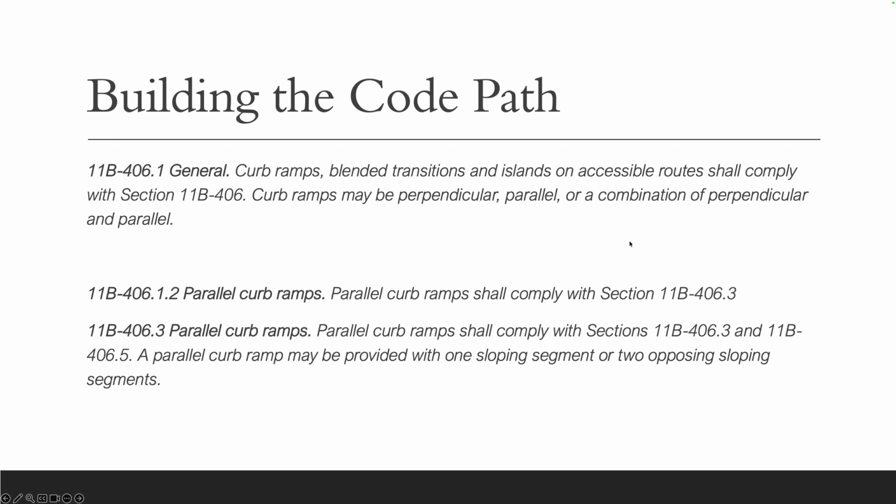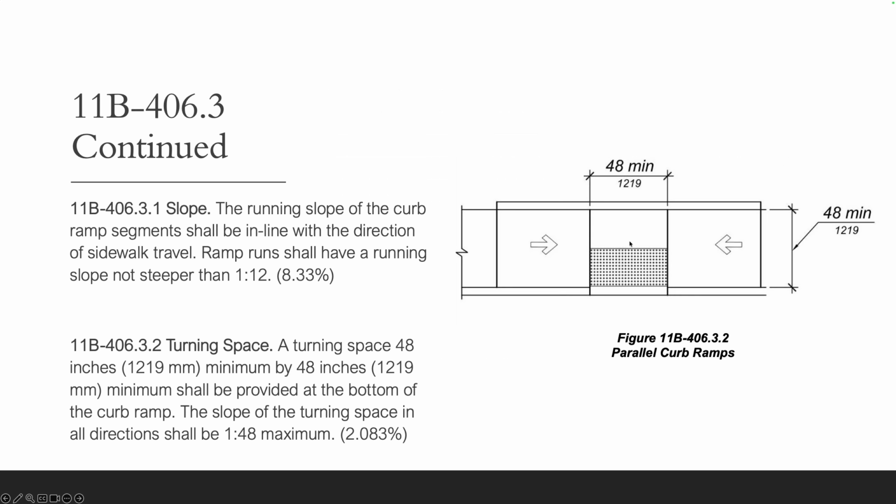You can't have changes in level on them, they have to be sloped, there can't be gaps at the bottom, counter slopes, all that stuff, which is very general and outside the scope of today's video. So we're going to skip over that and go right into 406.3.